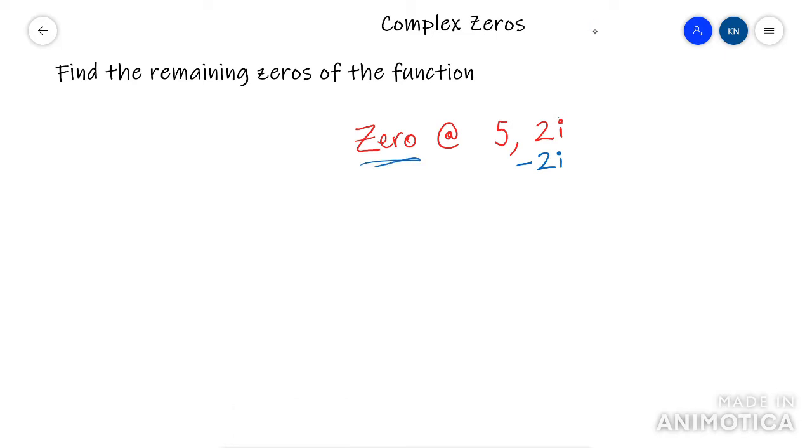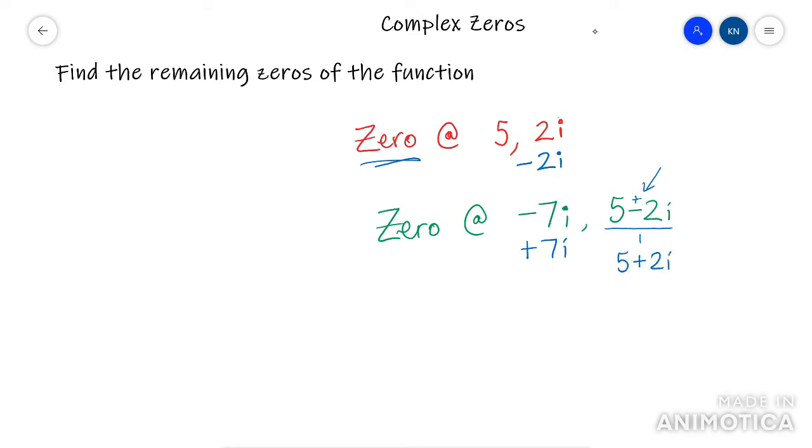So like another example, if it said it had zeros at negative 7i and 5 minus 2i, basically the negative 7i means you would have a zero at positive 7i, and the 5 minus 2i, imagine that this part is like in the quadratic equation. It's usually like a plus minus right here, right? So my other one would be 5 plus 2i. I know you're probably already confused, but that's just some background information.